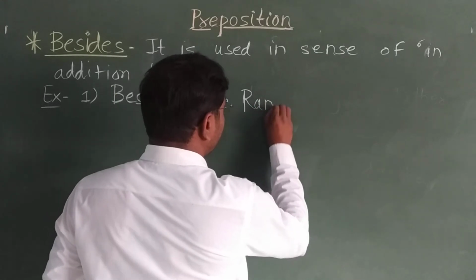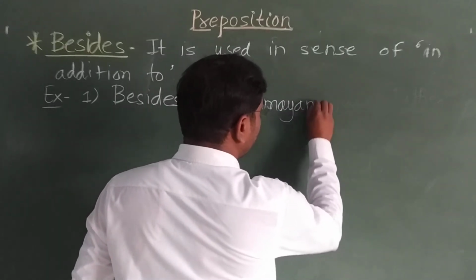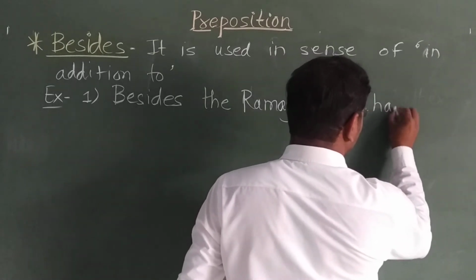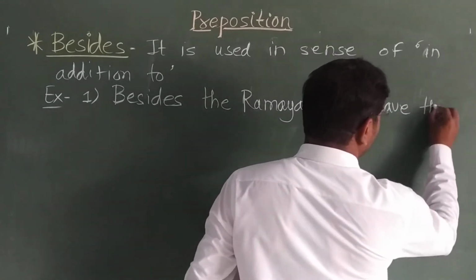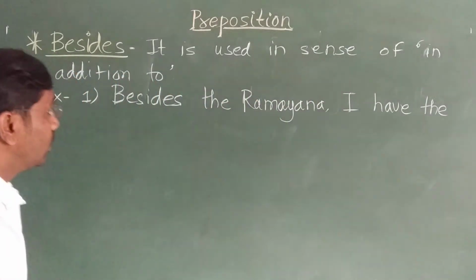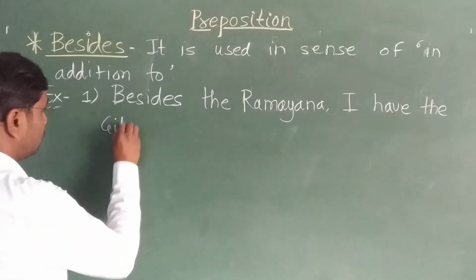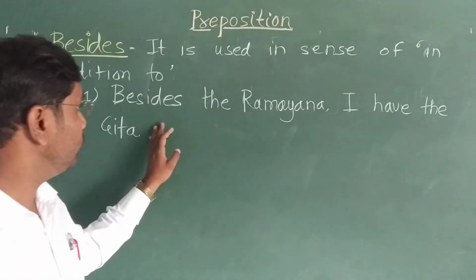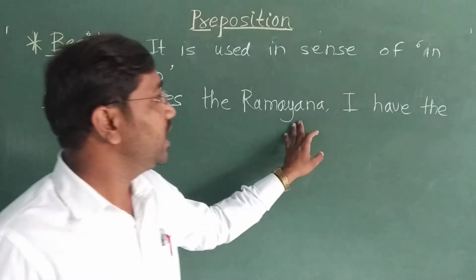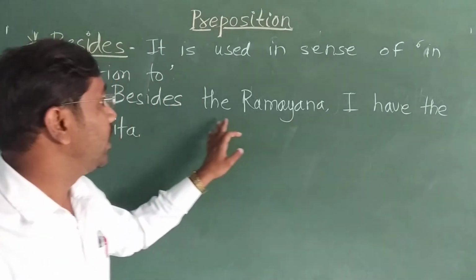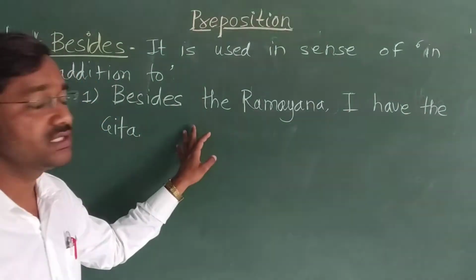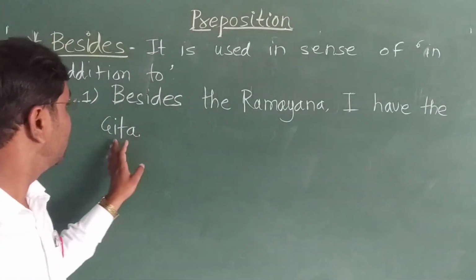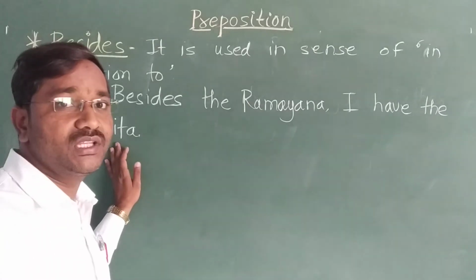Besides the Ramayana, I have the Gita. Here in this sentence we have two books, that is Ramayana, and second is Gita, that is the Bhagavad Gita.